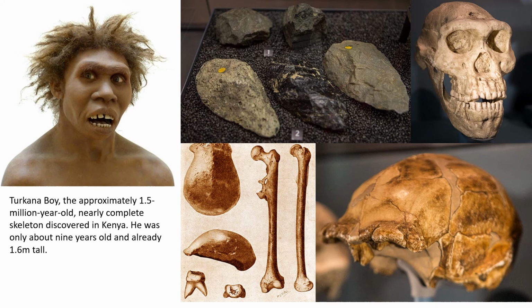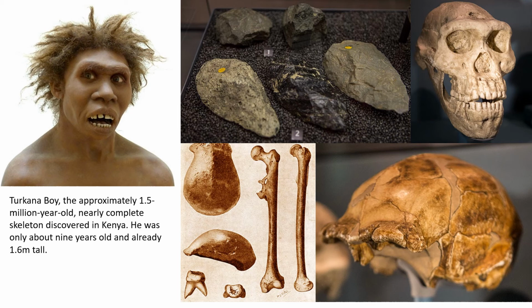Here we have some different Homo erectus fossils and a reconstruction of a Homo erectus boy named Turkana boy. He is approximately 1.5 million years old, and he was found with almost a complete skeleton in Kenya.